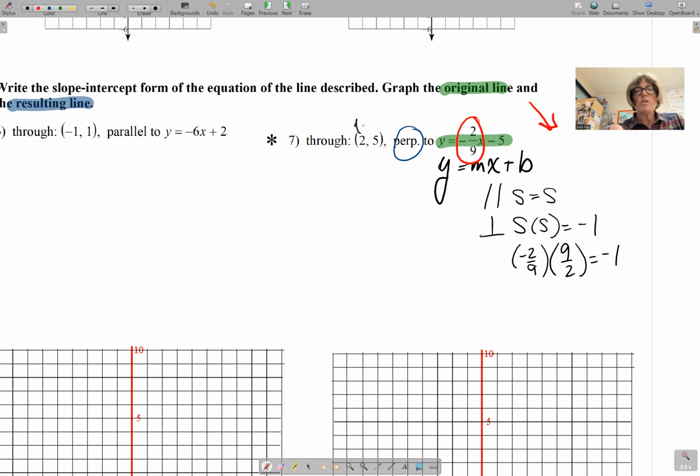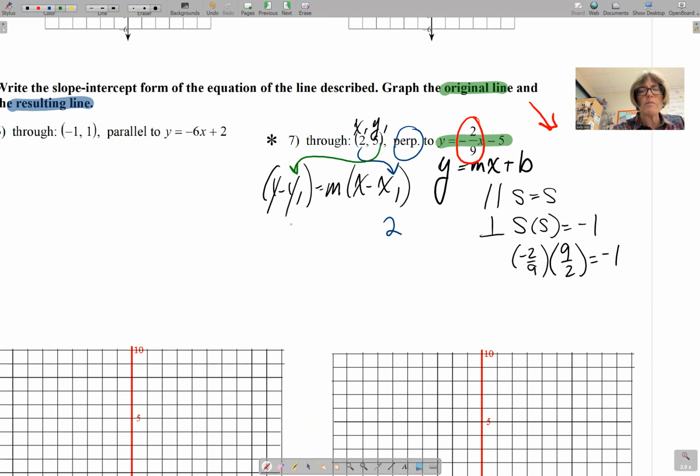So we have a point, call it (x1, y1), and we have a slope. So we're going to use the point-slope equation of a line. y minus y1 equals slope times x minus x1. Plug everything in. This 2 goes right here. This 5 goes here. This slope goes here.